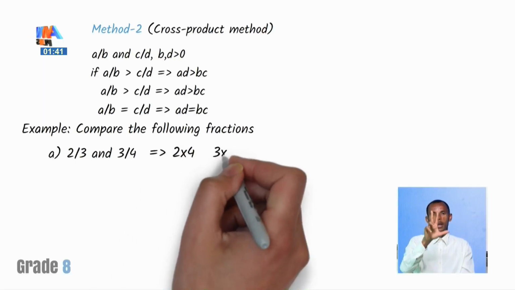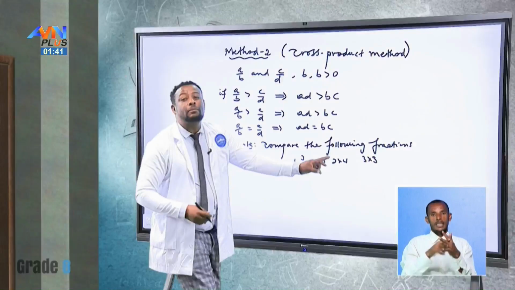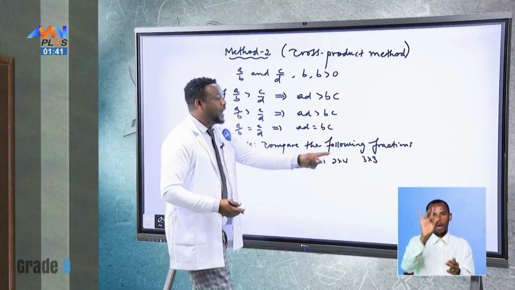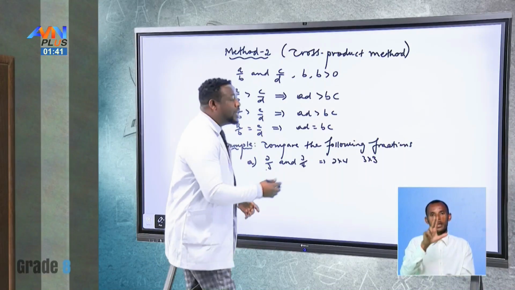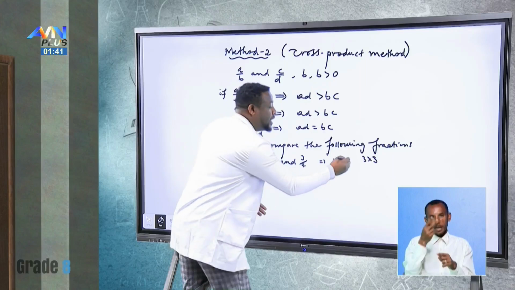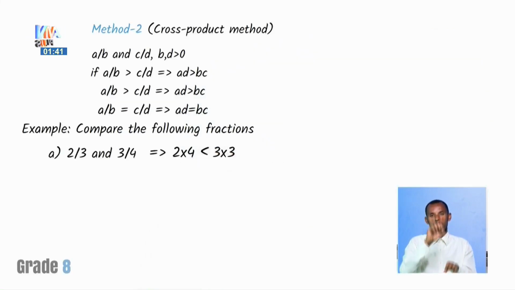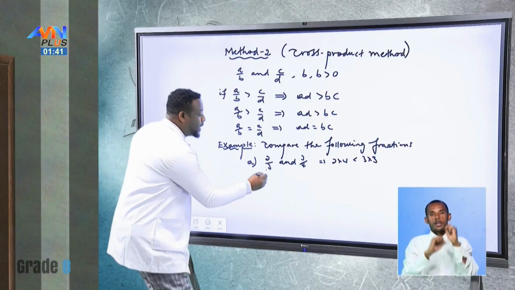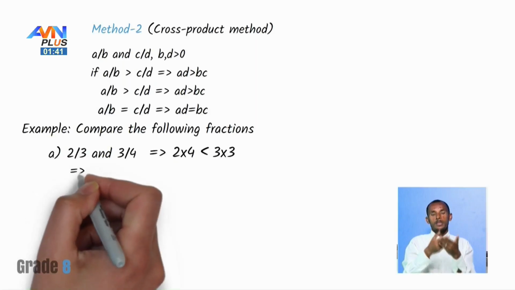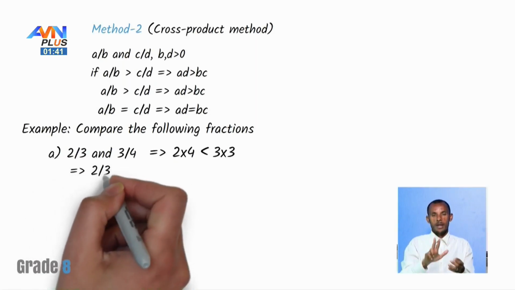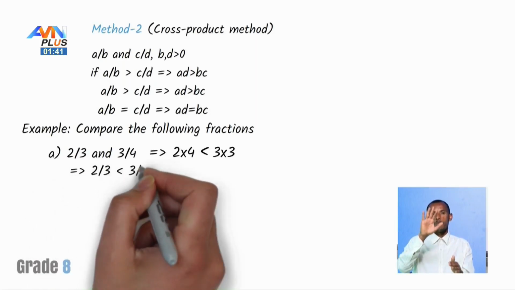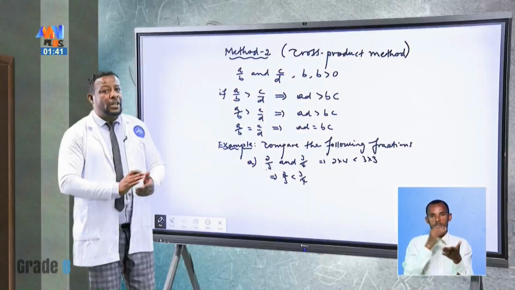Since 2 times 4 is 8 and 3 times 3 is 9, definitely 8 is less than 9. So this comparison gives us 2 over 3 is less than 3 over 4. This is the preferred method.